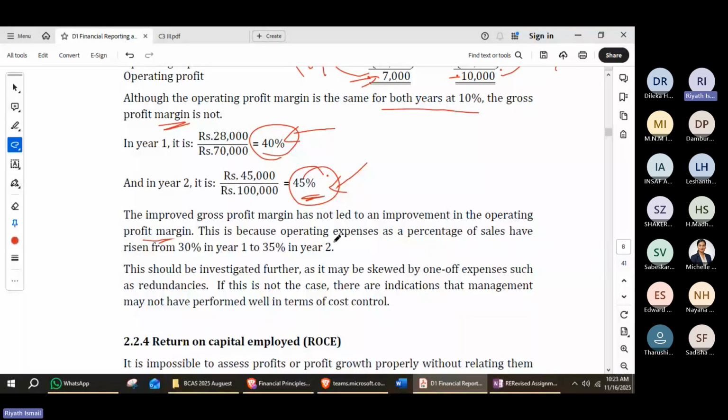This is because of operating expenses, right? Operating expenses as a percentage of sales have risen from 30% in year one to 35% in year two. So they are unable to manage operating costs like admin cost and sales and distribution cost.